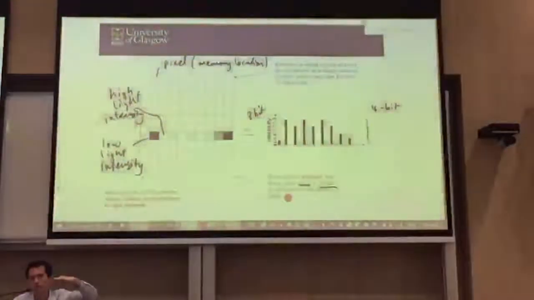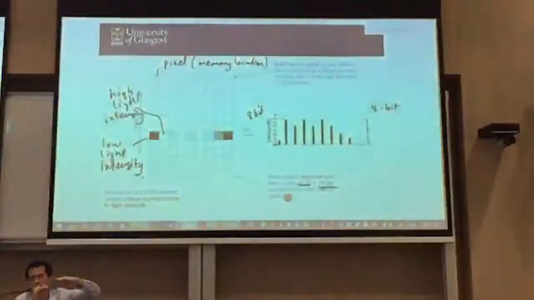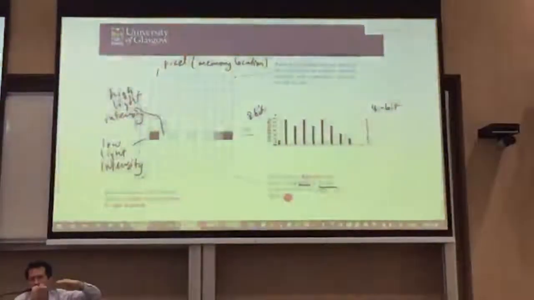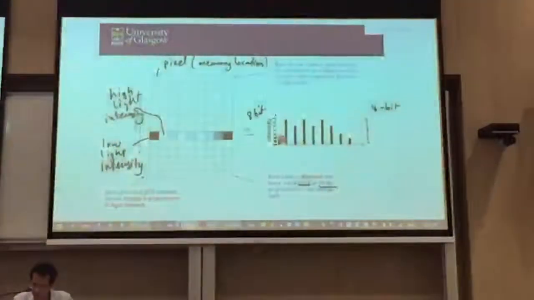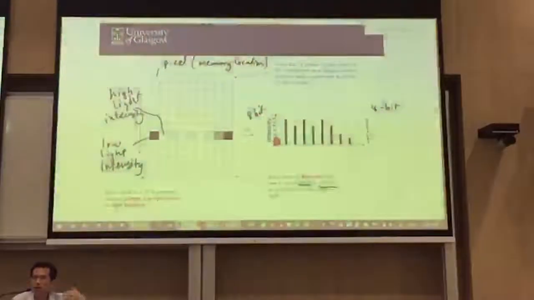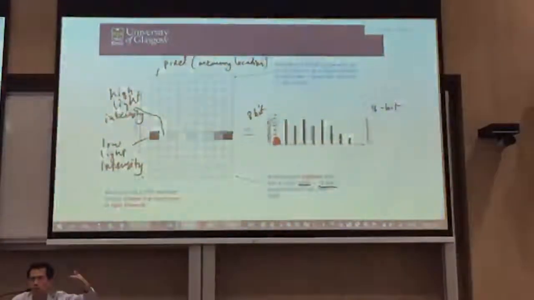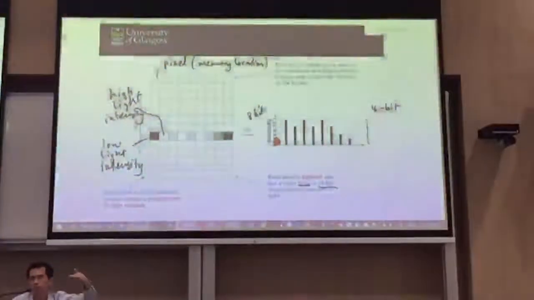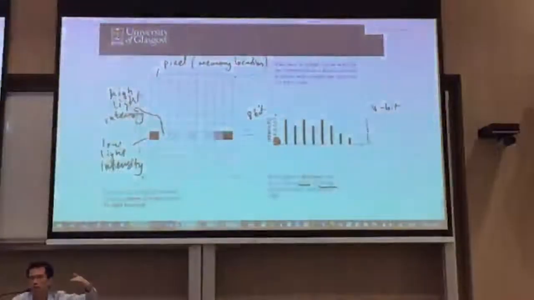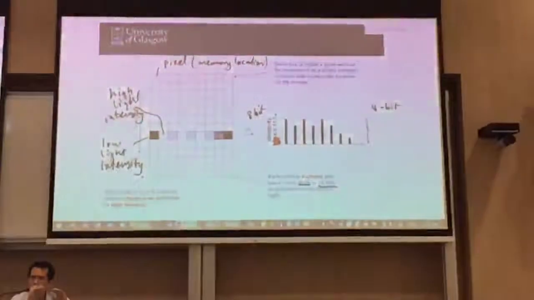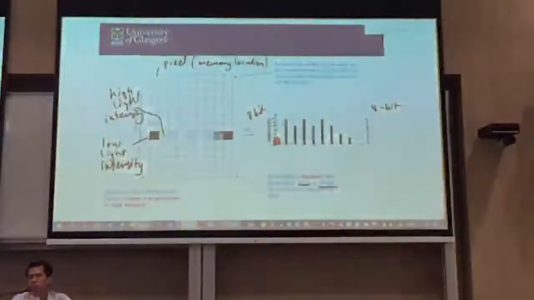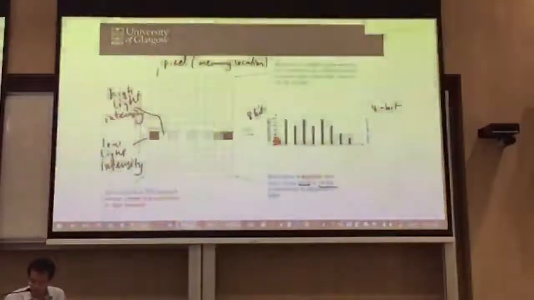Let's say your light intensity resides in between two quantized levels, between this level and that level. Then it will be taken as one of those levels, depending on how you program it. Maybe it's the lower level. So if you have a higher number of bits, that actual light intensity can be captured much better.